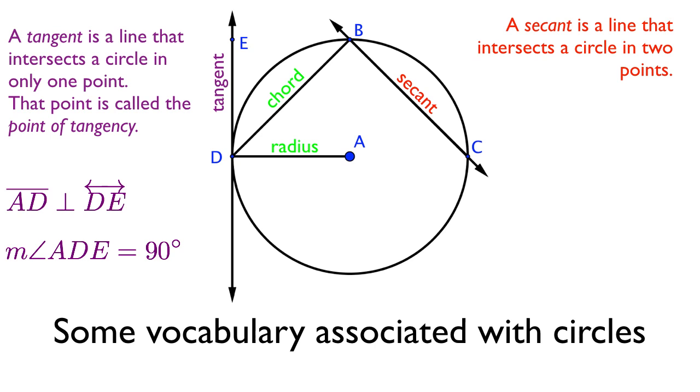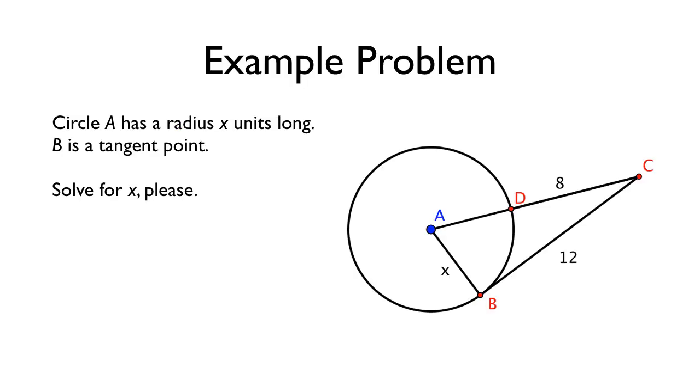So let's work an example using the tangent conjecture. Take a minute and sketch this in your notes. Circle A has a radius x, and B is a tangent point. Solve for x. The key thing to recognize is that we have a point of tangency. If B is a point of tangency, then angle ABC is a 90-degree angle.